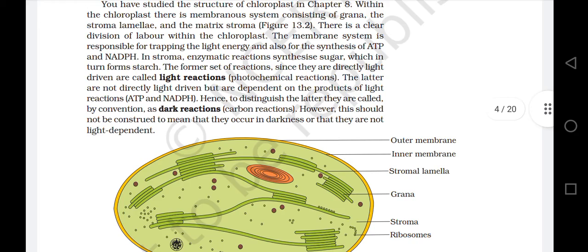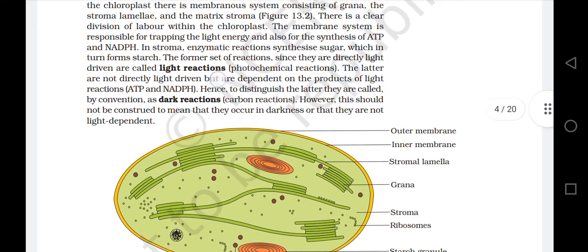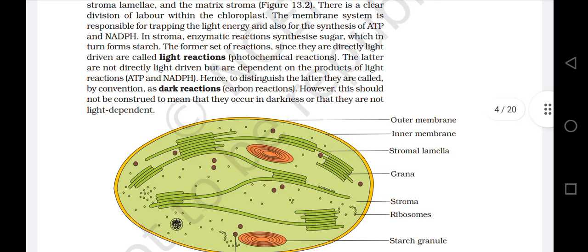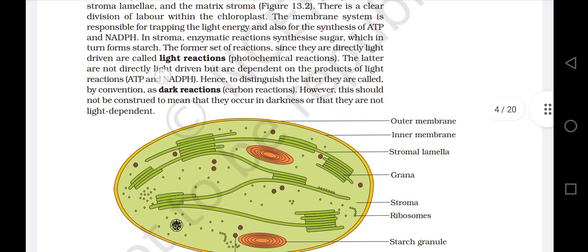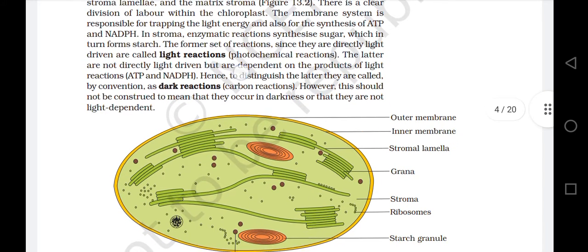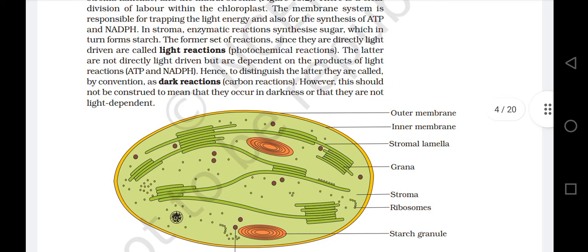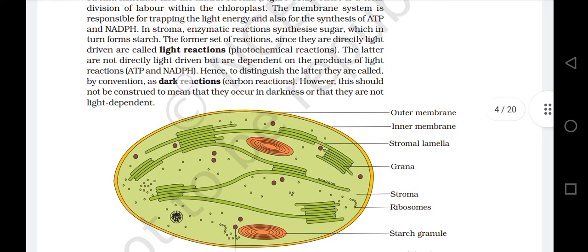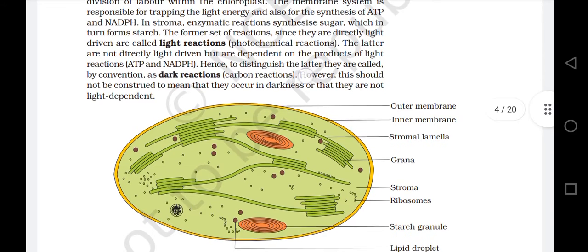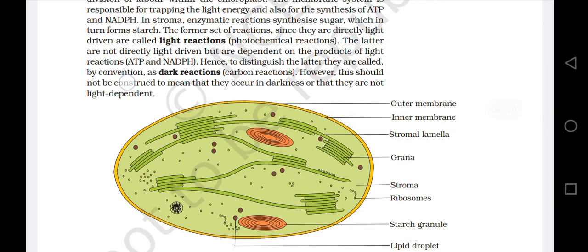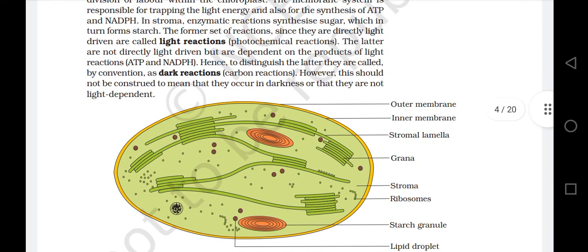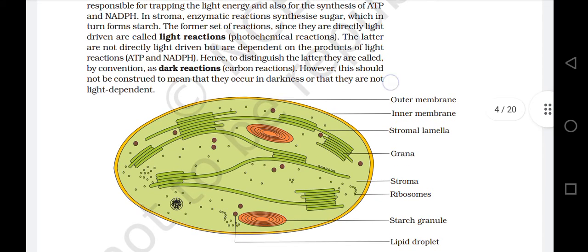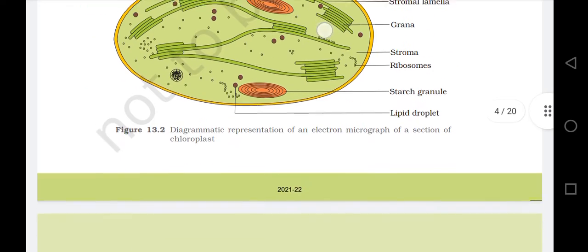The latter are not directly light driven but are dependent on the products of the light reactions, ATP and NADPH. Hence, to distinguish the latter, they are called, by convention, dark reactions or carbon reactions. However, this should not be construed to mean that they occur in darkness or that they are not light dependent.